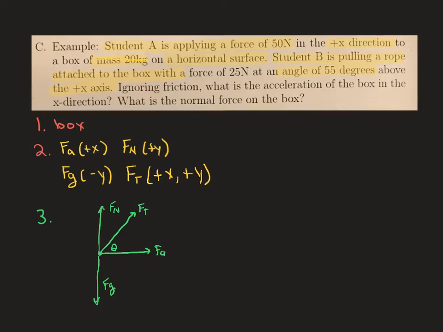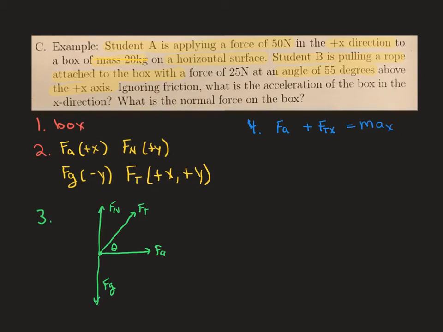Alright, so step 4 now is going to be to write Newton's second law in the x and then in the y. I always start with the x, it's just a habit. So we have force applied, and then the x component of the force due to tension, and that's going to equal mass times acceleration in the x.